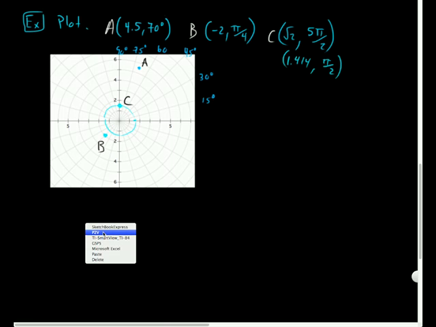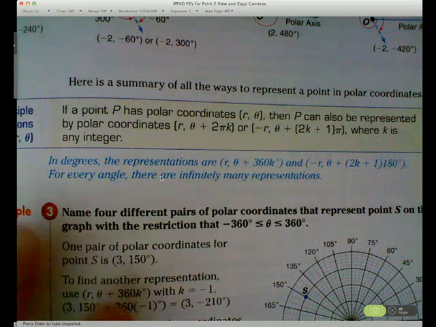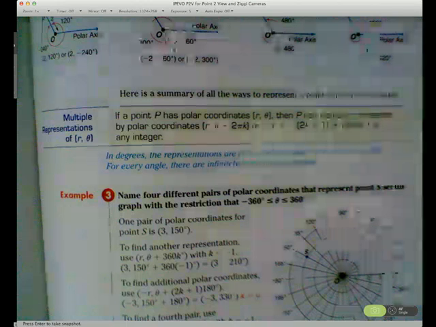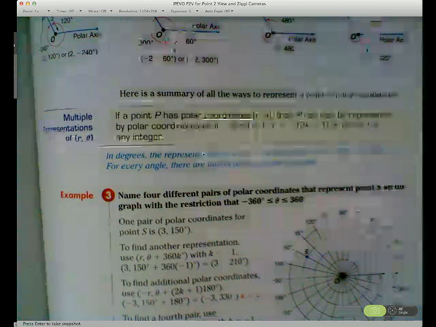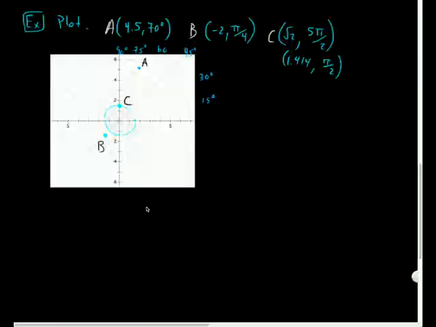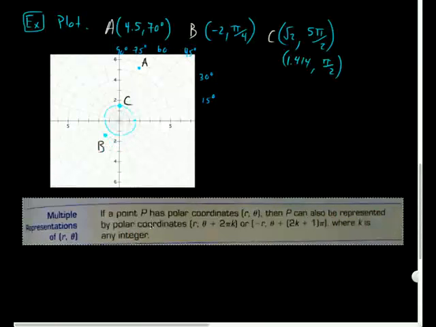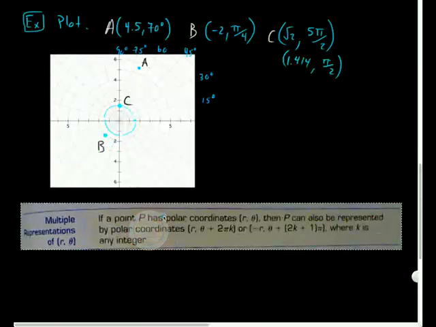Actually, for sake of time, I'm just going to steal a snapshot right here and then just explain it. So you can pause the video if you want to write this down. So, multiple representations of our r comma theta.